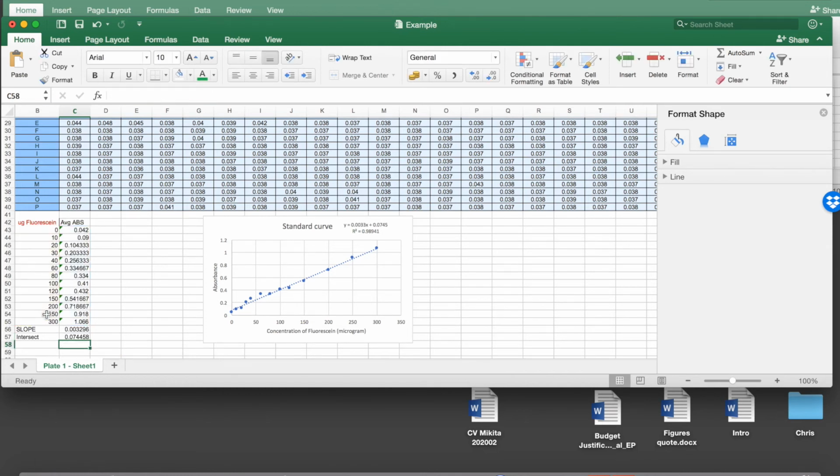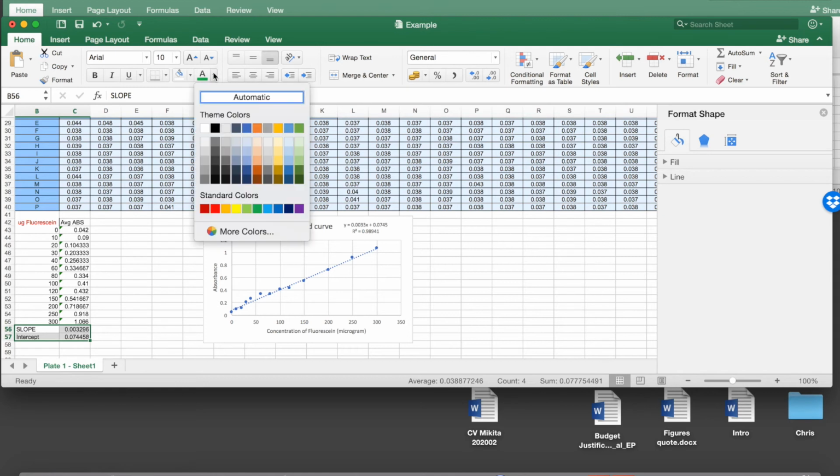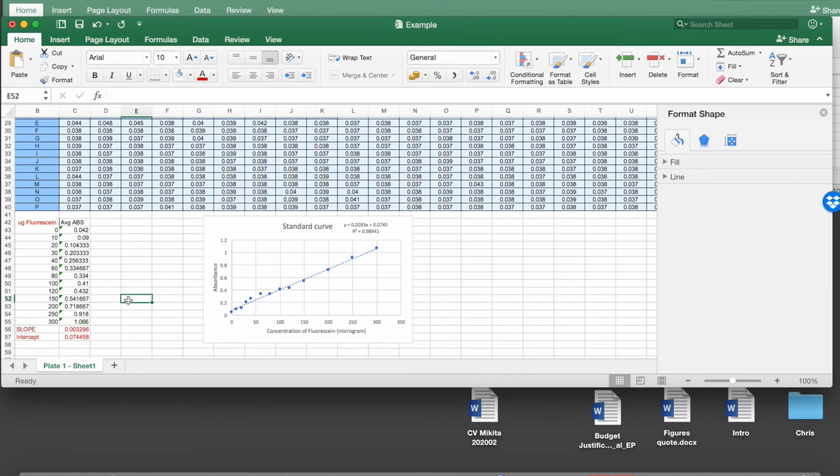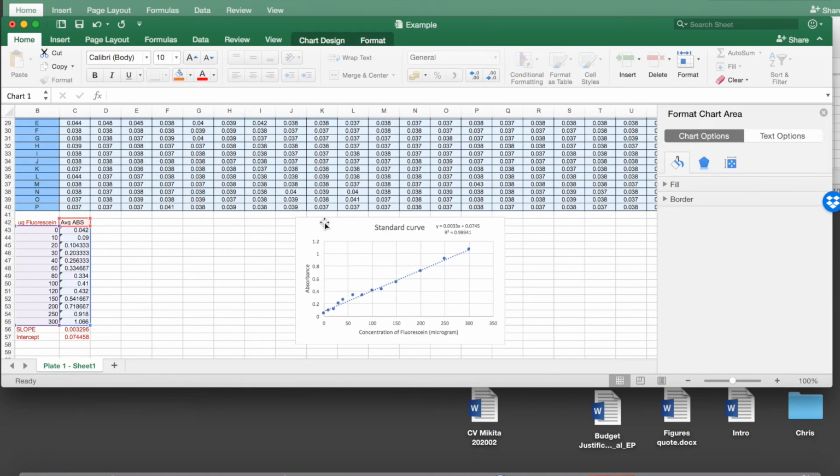Very well. So here is our intercept, exactly as we had found it on our equation. Okay, so very important. We're going to use it pretty soon when we calculate the concentration in our samples.